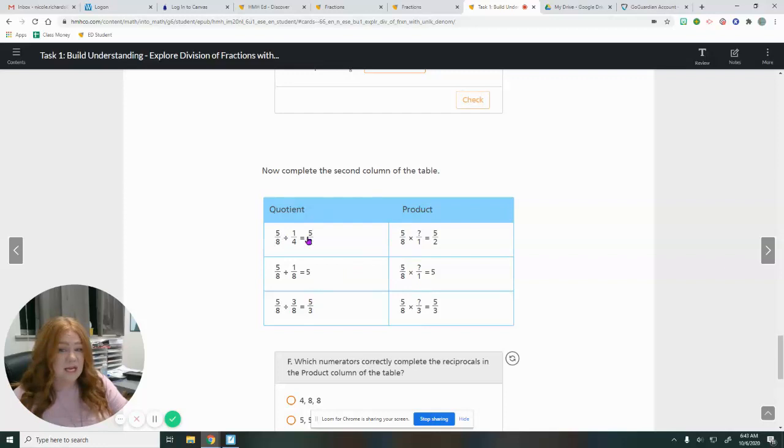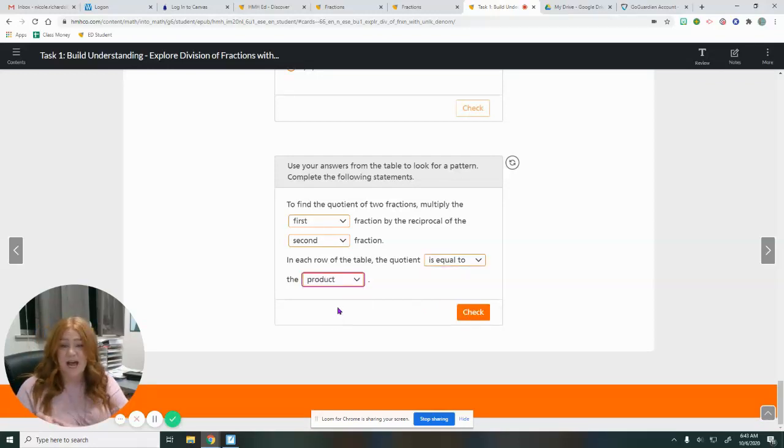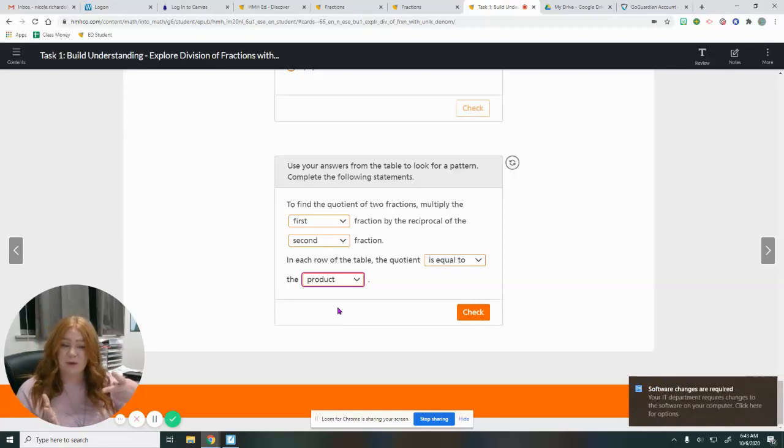So it looks like either way we do the problem, we end up with equal answers here. So in each row of the table, the quotient is equal to the product. So whether we divide or times by the reciprocal, that's the same process. We're getting the same answer.